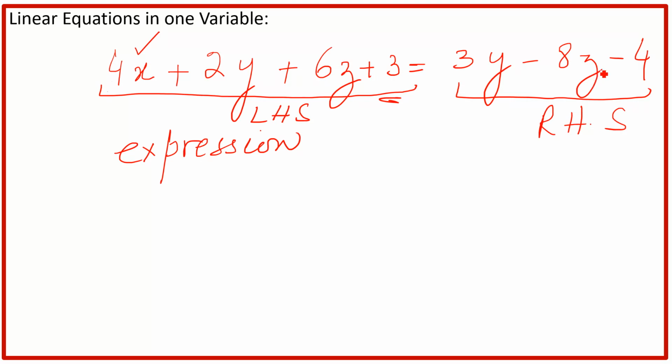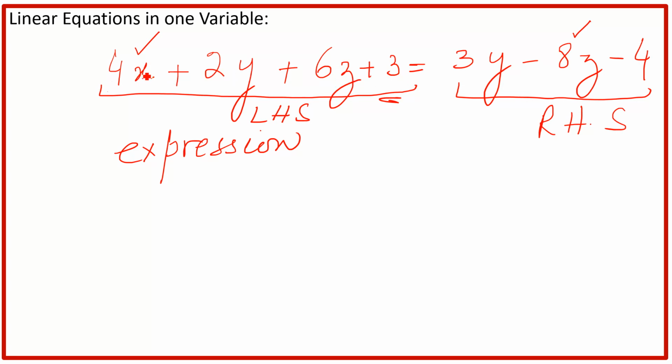The expression on the right hand side has 3 terms: 3y is one term, minus 8z is the second term, and this is the third term. All together it is called an expression; individually these are called terms.